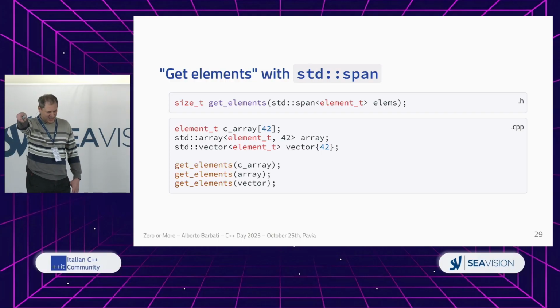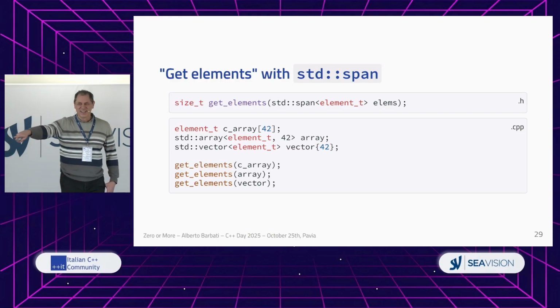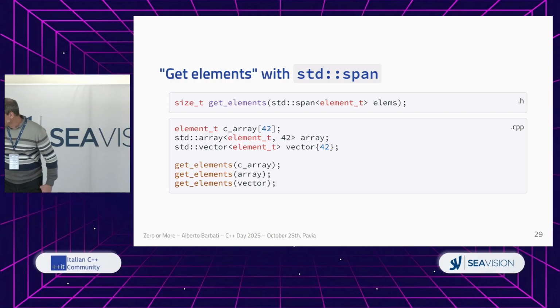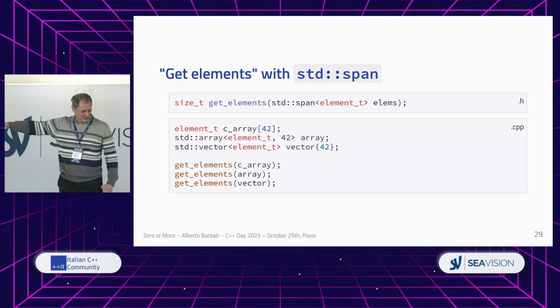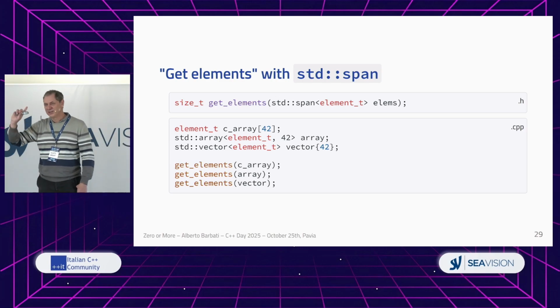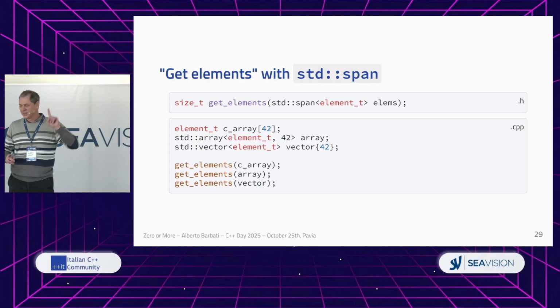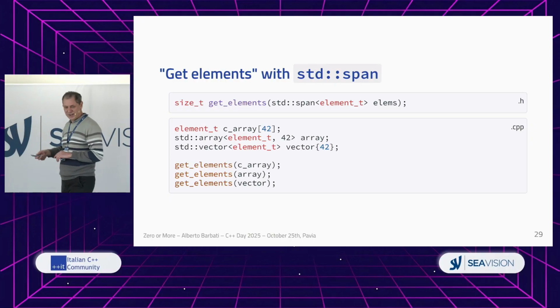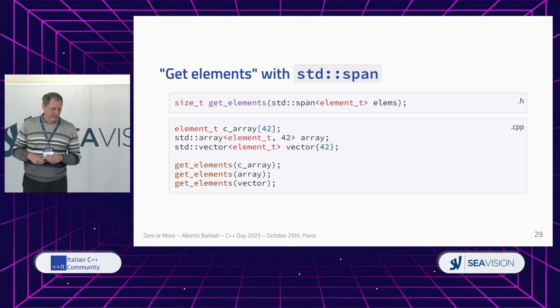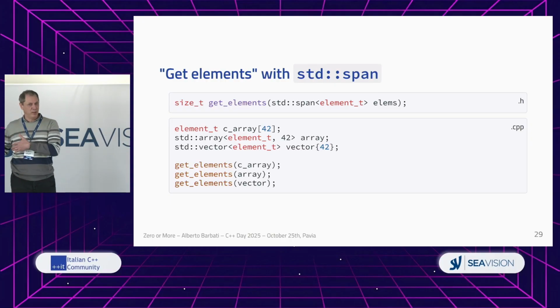The vector, yes. The vector, I've constructed the vector with the braces, not the parentheses. So this is a list initialization. So it doesn't create a vector of 42 elements. It creates a vector of 1 element that is constructed by implicitly converting 42 to element T. And of course, this may be a bug or maybe not.